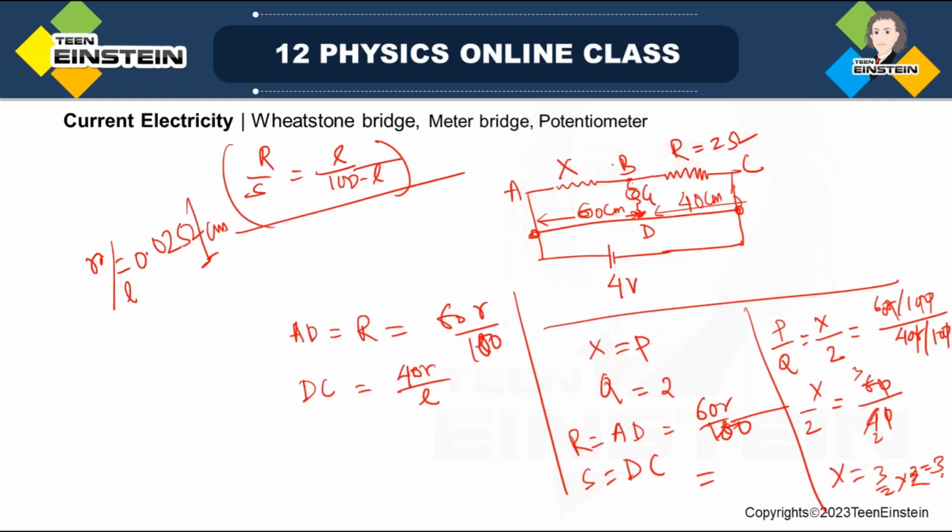So the resistance will be 3 ohm. The unknown resistance X will be 3 ohm. If I get the unknown resistance as 3 ohm, all other resistances can be calculated.